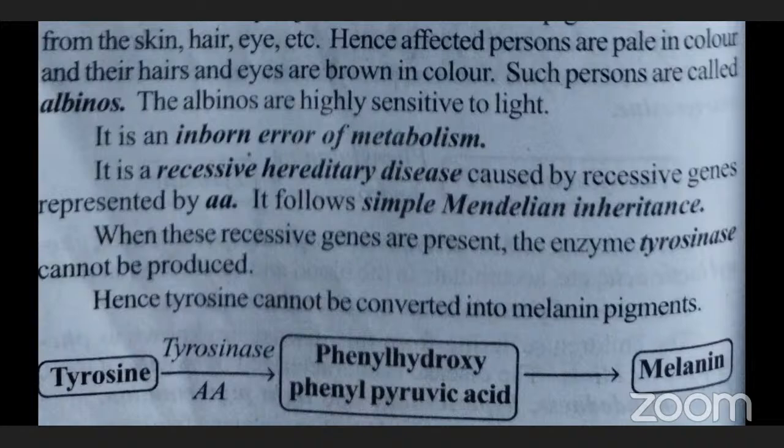Albinos means those who suffer from albinism. That person is called an albino. Albinos are highly sensitive to light. You can see a lot of such persons who are fully white in color, including hair and eyeballs, which are a whitish brown color because of the absence of pigments.